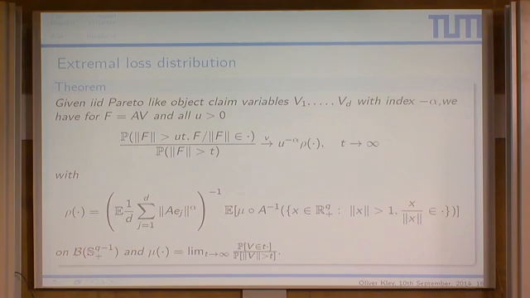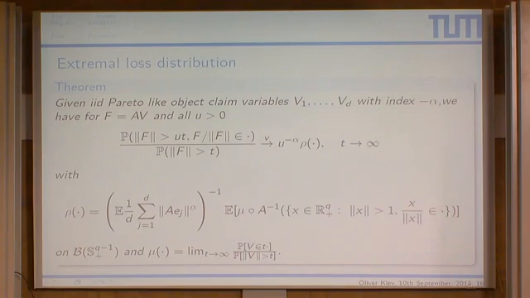And this mu actually is this limit measure which is related to the object claims, right? And that makes it possible to determine the extremal loss distribution of F and the dependent structure of it just by knowing this alpha, of course, and knowing that norm, which I'm working with, and knowing the law of the random graph.